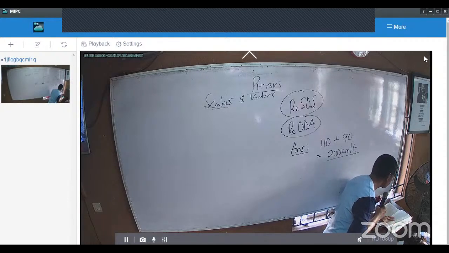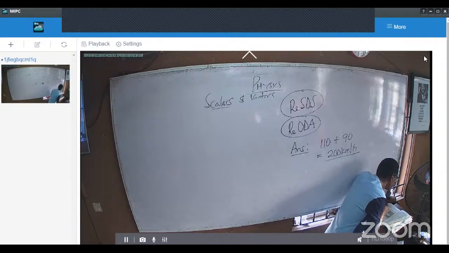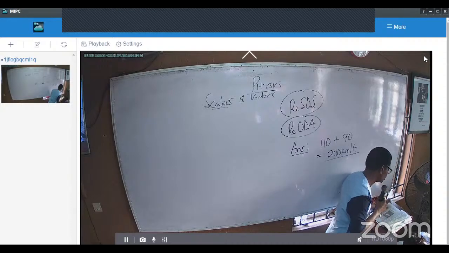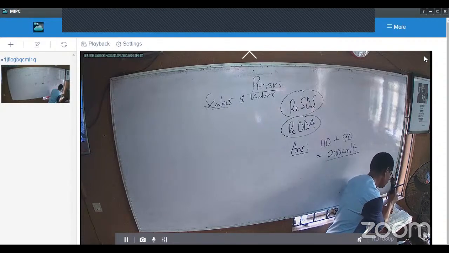Option B, momentum. Option C, pressure. Option D, acceleration. Do you know the answer? What's the answer? Don't forget the 3 P's of scalar.